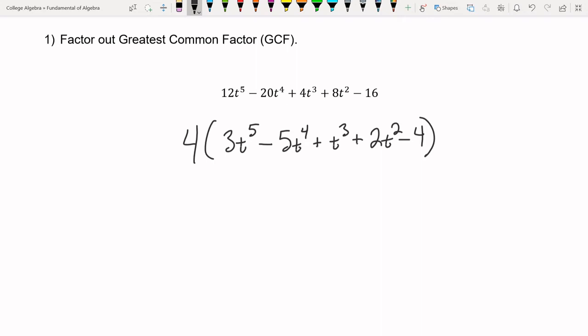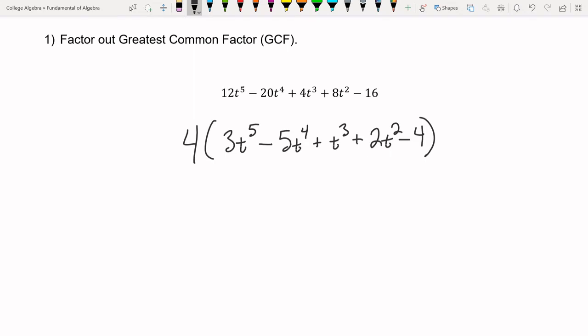That's how we factor out the GCF. There's no way to continue factoring this problem. If you follow along and go back, at the end this really can't be factored any further using the strategies that we have. That's always the first thing.